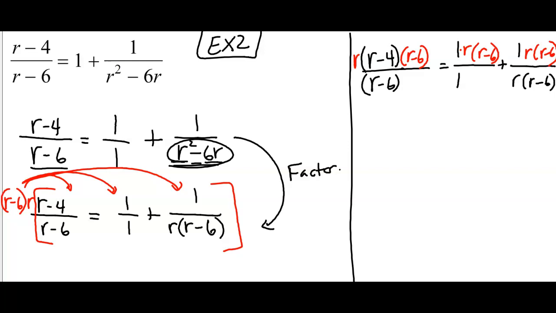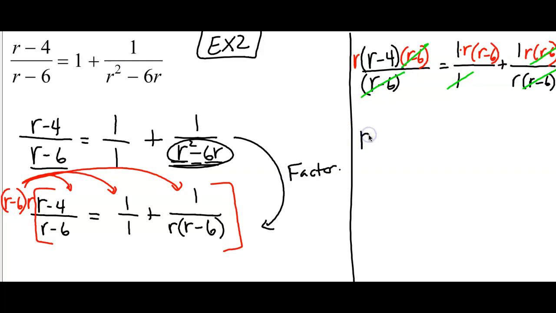All right, so let's start canceling some stuff out. In the first fraction, the r minus 6 goes away. On the second fraction, the r minus 6 goes away. And since we're getting rid of denominators, I'm just going to go ahead and get rid of this one now as well. We don't really need it. You don't need to cancel a 1 out. It was just kind of there as a placeholder in the beginning anyway. So let's see what we have left.